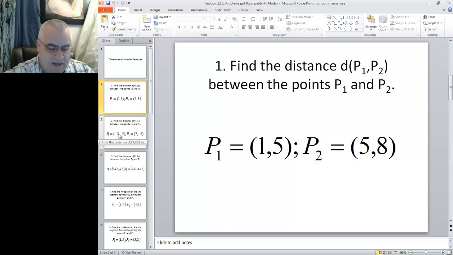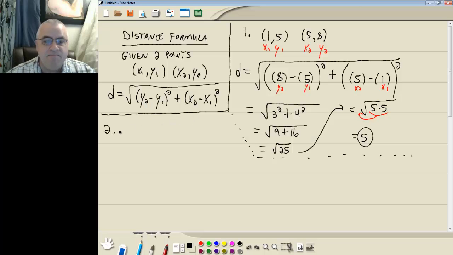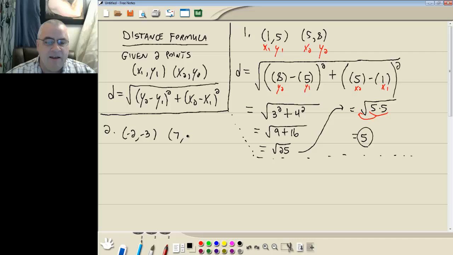We'll take a look at another example. Here we got -2, -3, and 7, and -5. Now again, I'm going to label my points first. This is my first point, so I'll label this as x1, y1. This is my second point, so I'll label that as x2, y2.